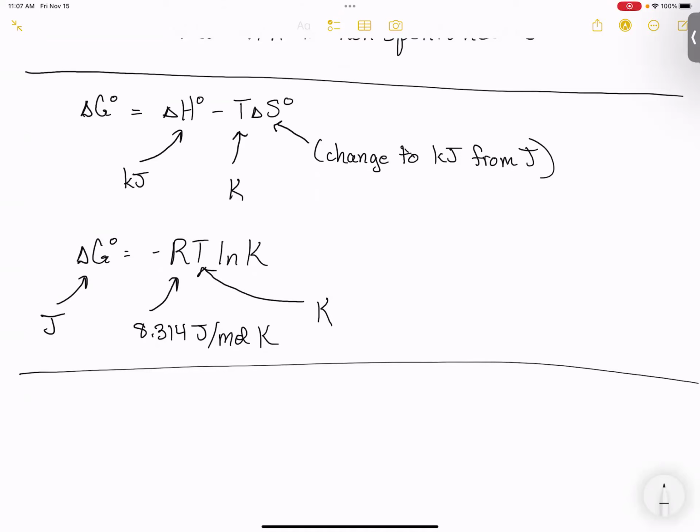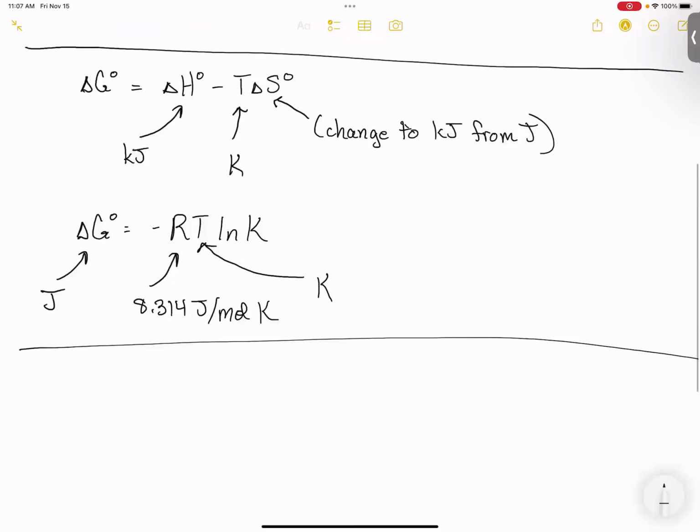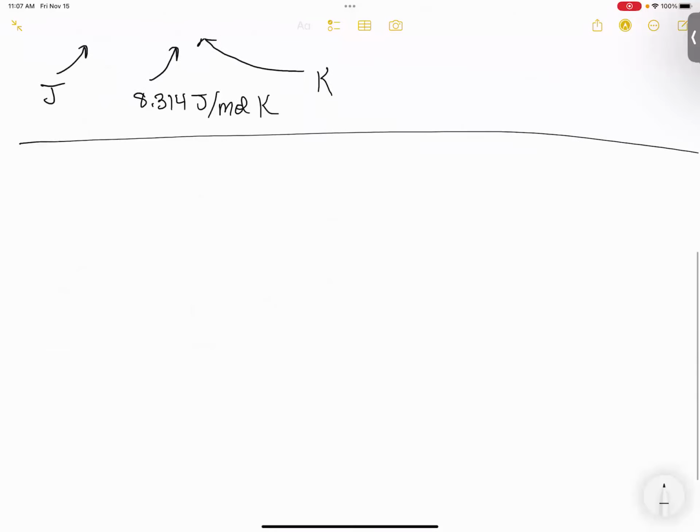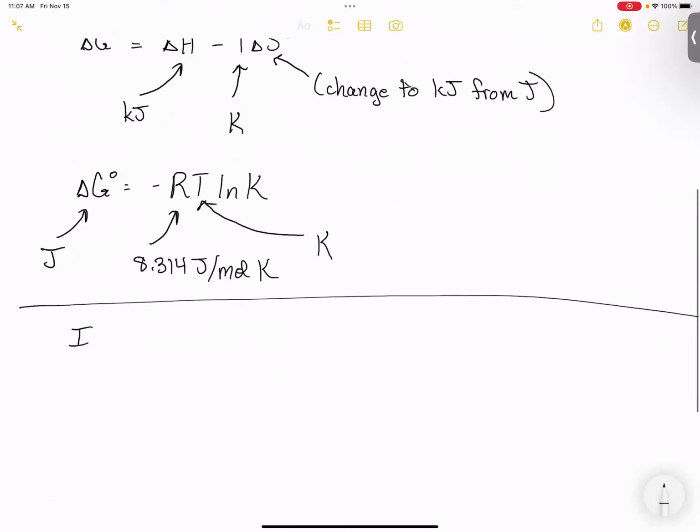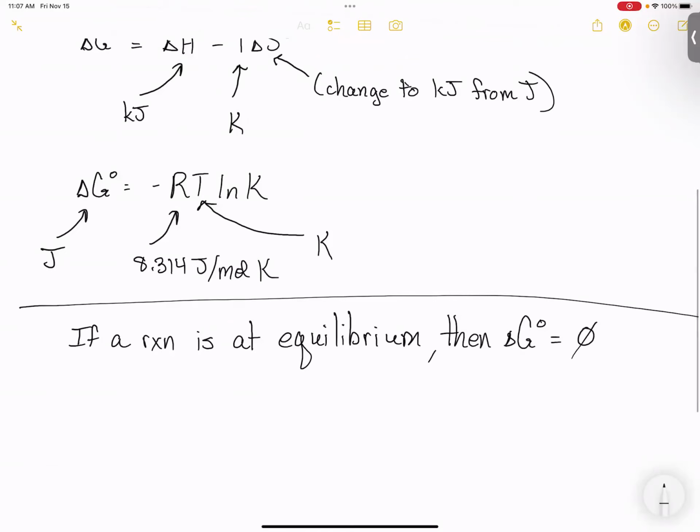Now, before I begin the calculation, there is one more thing I want to mention, and that is if a reaction is at equilibrium, then delta G naught is equal to 0.